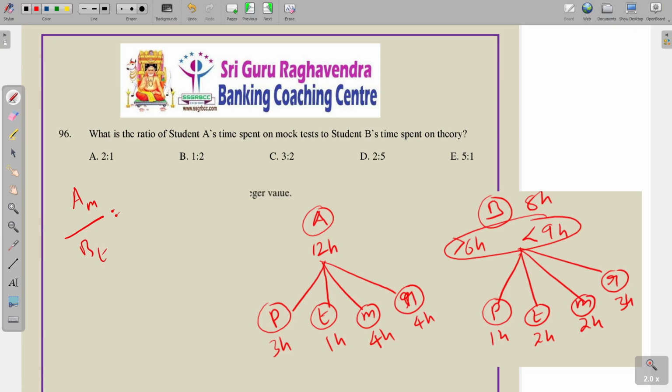A's time spent on mock test is 4. B's time spent on theory is 2. The ratio is 2:1.